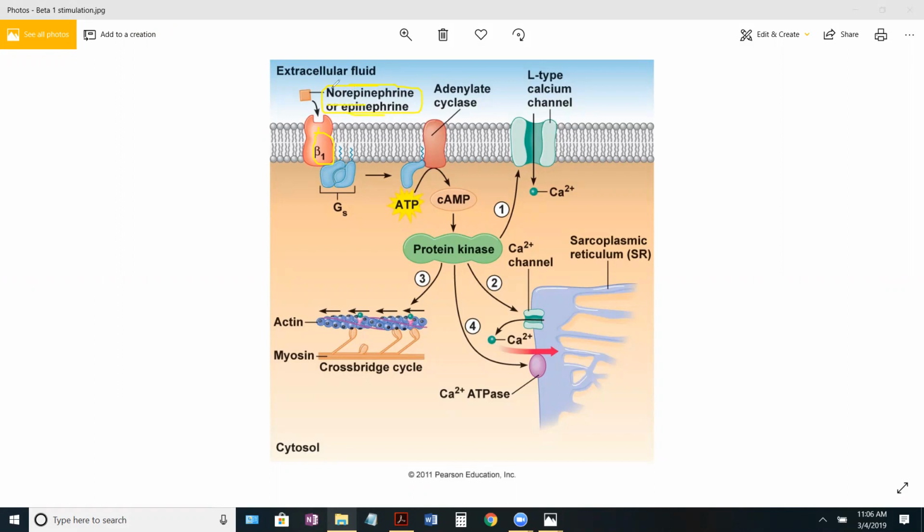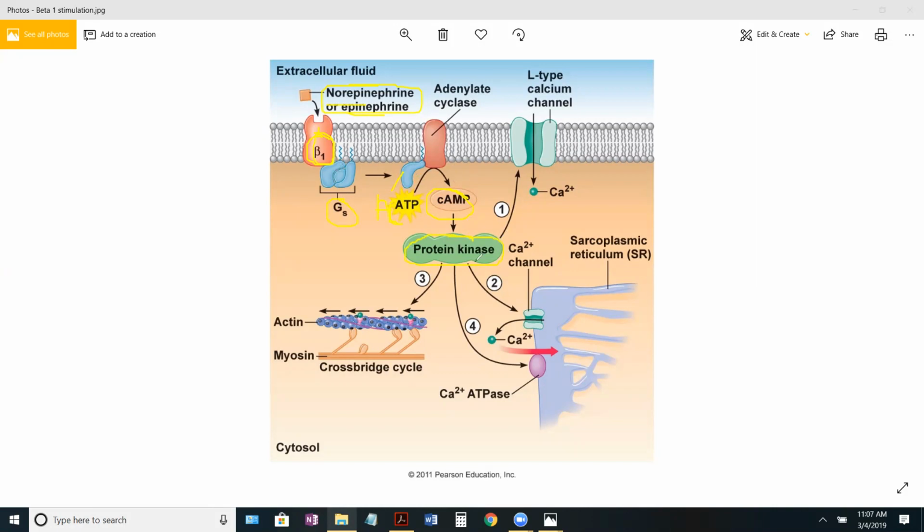Once these chemicals stimulate the beta 1 receptors on the cardiac cells, the receptor will stimulate the Gs system. You know that we have discussed these pathways, and that the Gs system stimulates the adenylate cyclase enzyme, which converts ATP into cAMP, and cAMP stimulates protein kinase A. You don't need to understand everything right now.